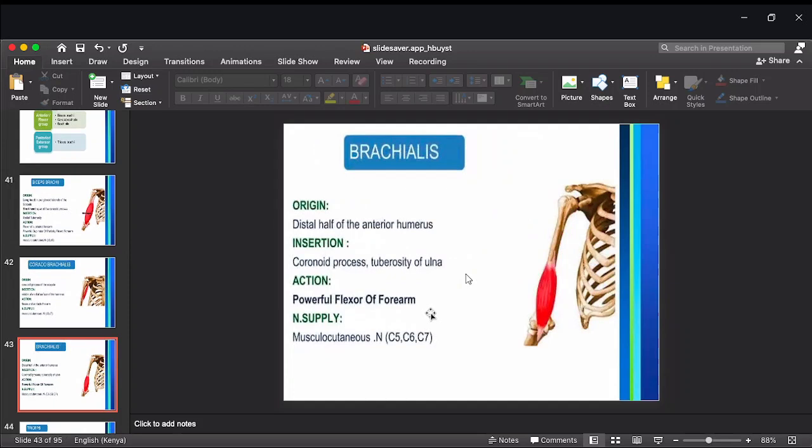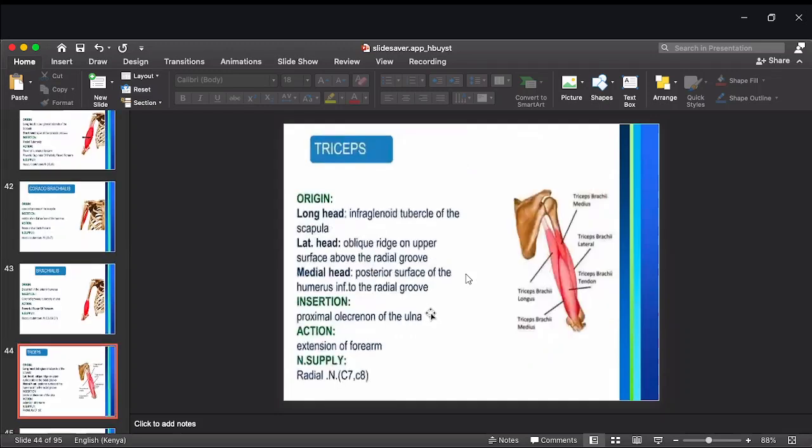Then you have the brachialis from the distal half of the anterior humerus, inserting into the ulnar tuberosity. It is a powerful flexor, still supplied by the musculocutaneous nerve. So all the muscles of the anterior arm are supplied by the musculocutaneous nerve, while the muscles of the posterior arm are all normally supplied by the radial nerve. That one you must note.